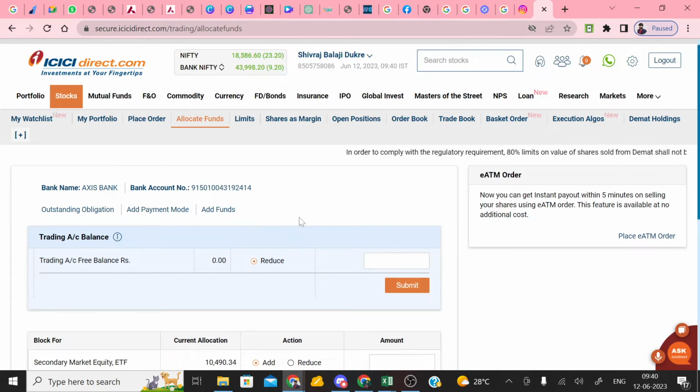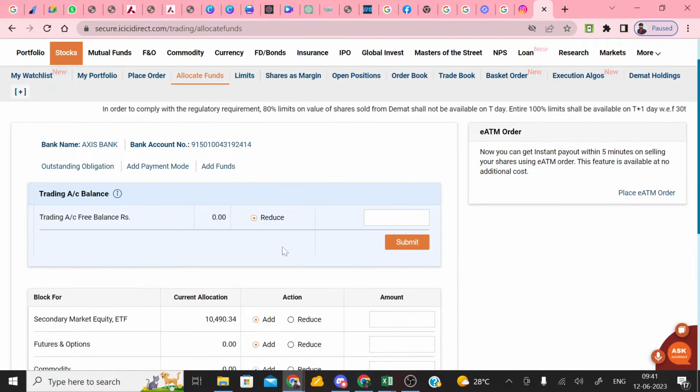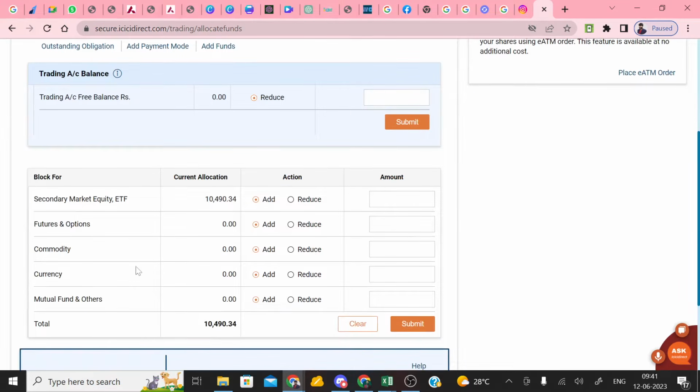I can deposit cash, I can withdraw cash, I can also pay the broker fees and charges. I can invest or make positions in commodities, currencies, derivatives. So I can do anything. So ultimately, this is where you can see allocation of funds.